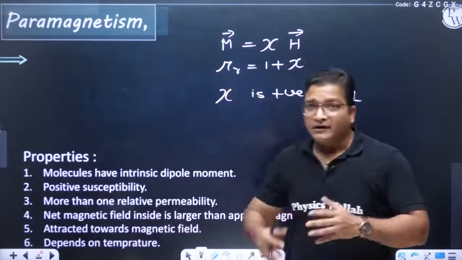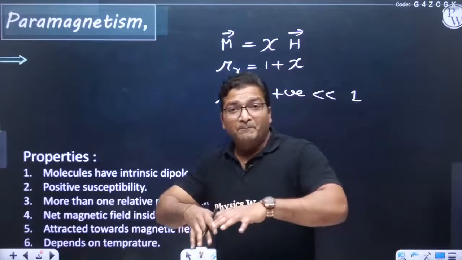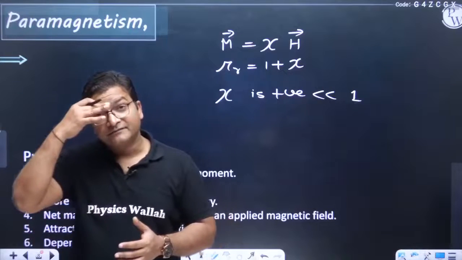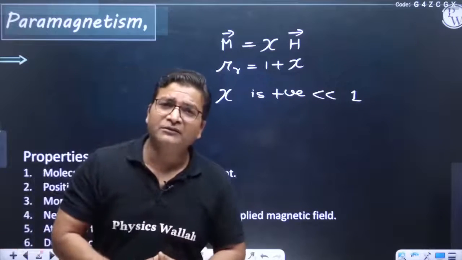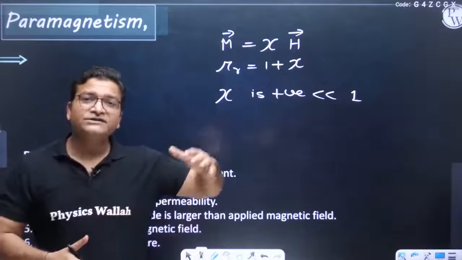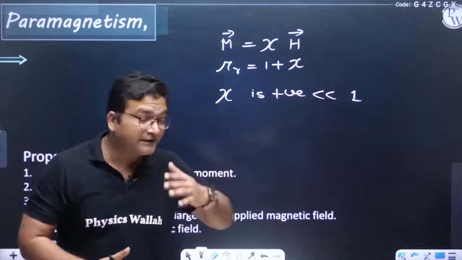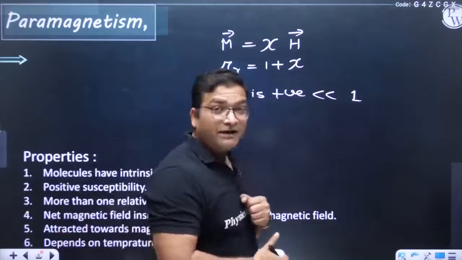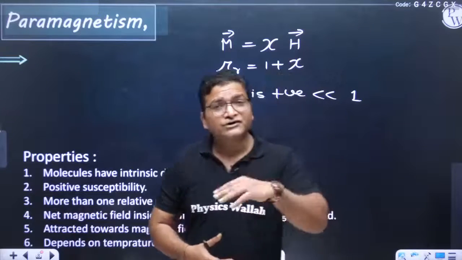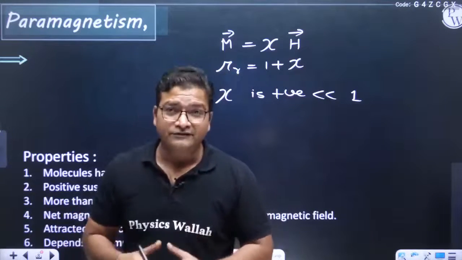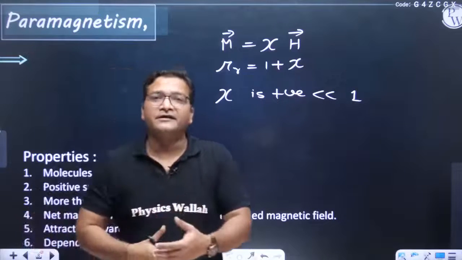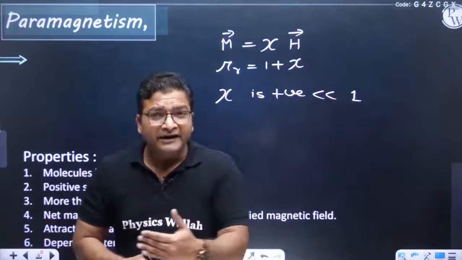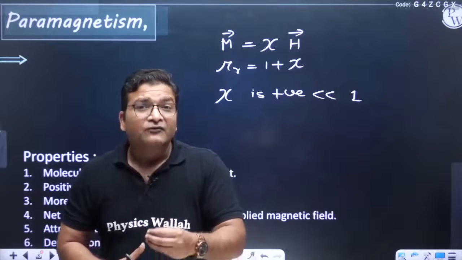And then obviously the property, that is paramagnetism, depends upon temperature, because it is affected by random motion. If you increase the temperature, what happens? The random motion of molecules is increased. Their thermal energy is increased and their alignment will get weaker. If alignment gets weaker, the magnetization weakens.